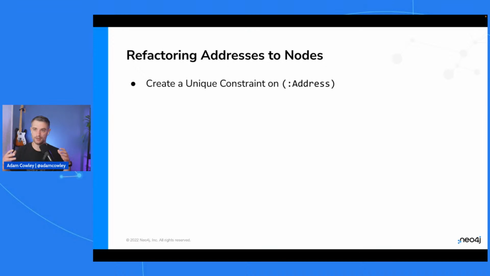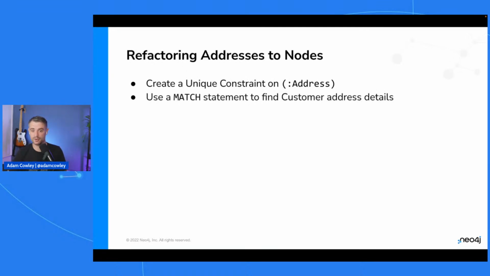In this case we'd use a hash of the address details, or an array of the address elements, to work out the uniqueness of an actual address.